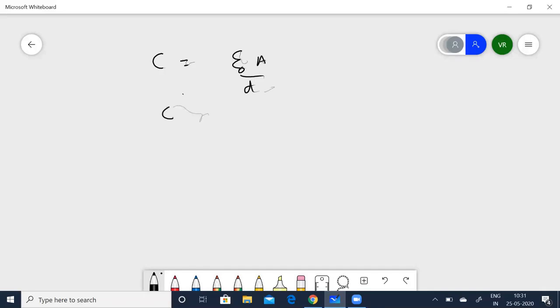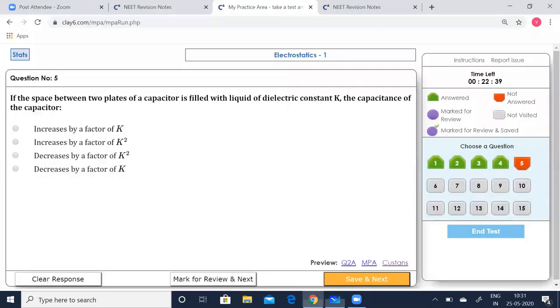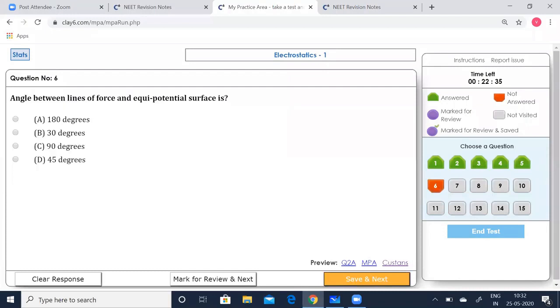Suppose there is a dielectric, then it is given by C dash is equal to K epsilon 0 A by d. Obviously, you can see this is nothing but K times C0. So K times C0, that means it is increasing. So the capacitance of the capacitor increases by a factor of K. Option A is correct. Solve that, go to the next.